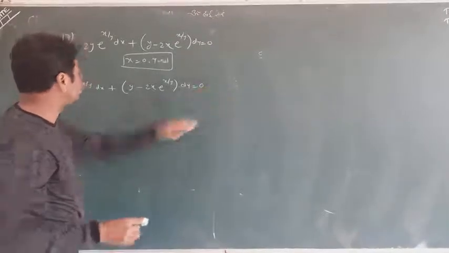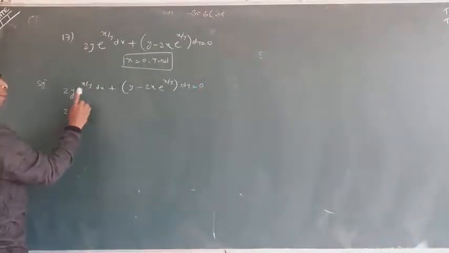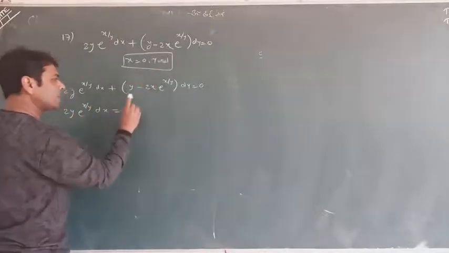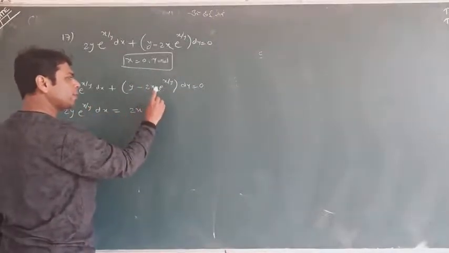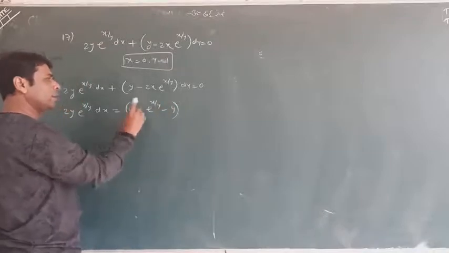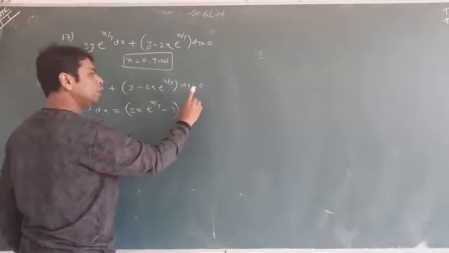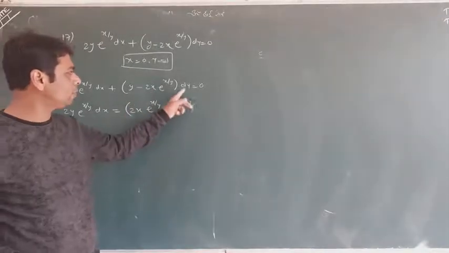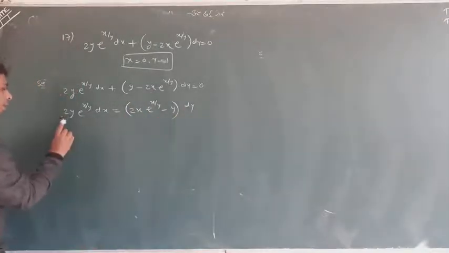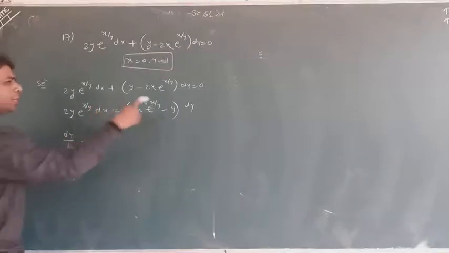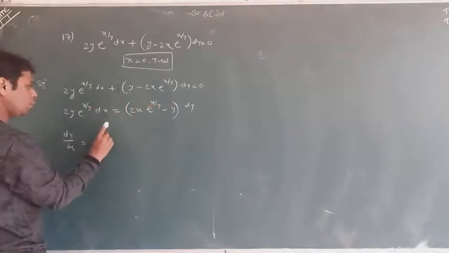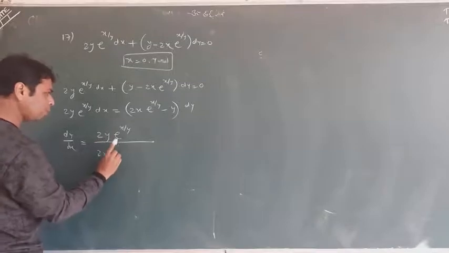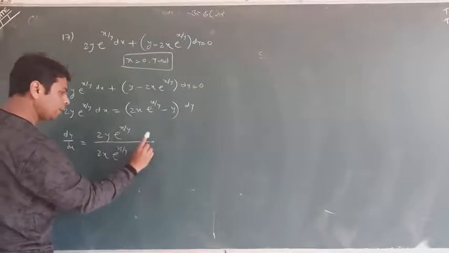Suppose I am transferring this term there. 2y e^(x/y) dx = (2x e^(x/y) - y) dy. Look, the sign changes. Now make our dy/dx term. So dy/dx will be 2y e^(x/y) upon (2x e^(x/y) - y).